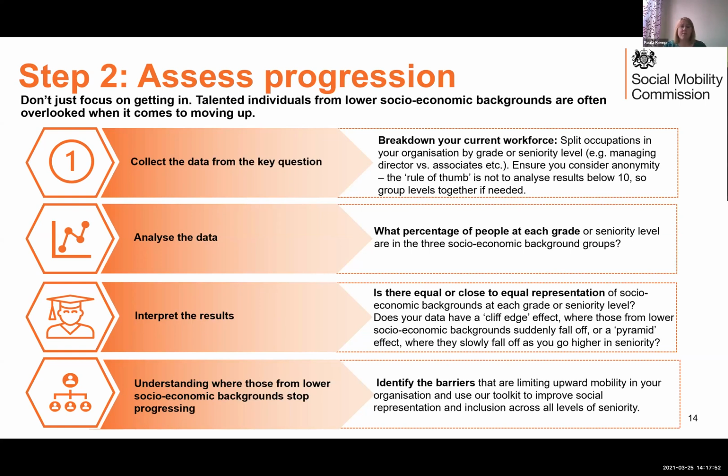So for instance, in my previous role, I was engaged with some industry research where they were looking at progression within the organisation, and what they found were on average, it took people from a lower socioeconomic background 25% longer to progress within the organisation. And the piece of work now that needs to be done is to understand why that is. But without having collected the data before, there was no knowledge of that was actually happening. There's no way to address it.